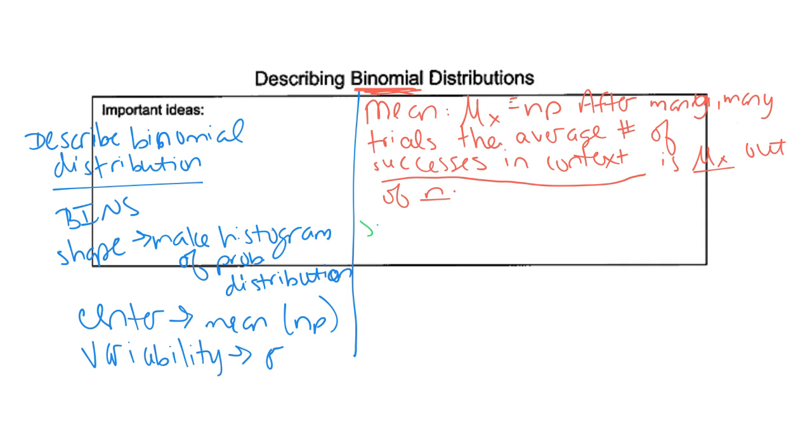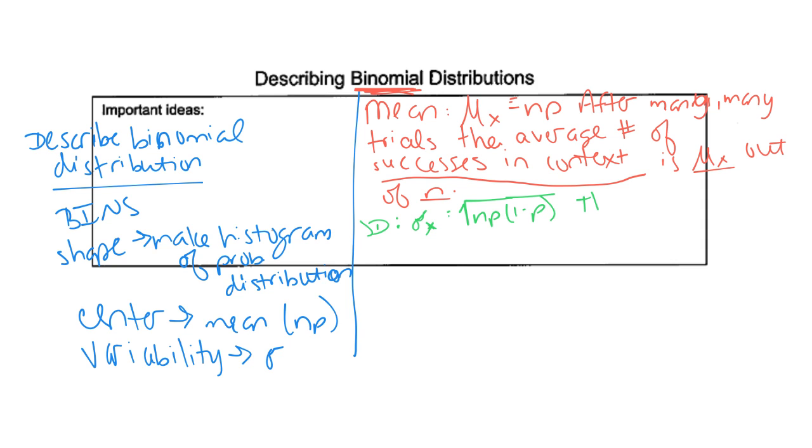Same with standard deviation for this. Our standard deviation formula is the square root of n times p times 1 minus p, okay?